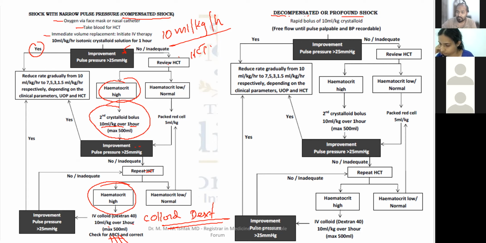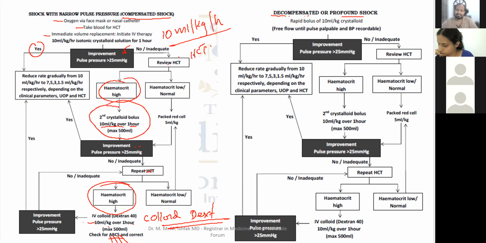The patient might be hypoglycemic. Until you correct them, you will not correct the shock. So while you are resuscitating, send blood for blood gas. Send blood for calcium. Check random blood sugars. Look for bleeding, right?